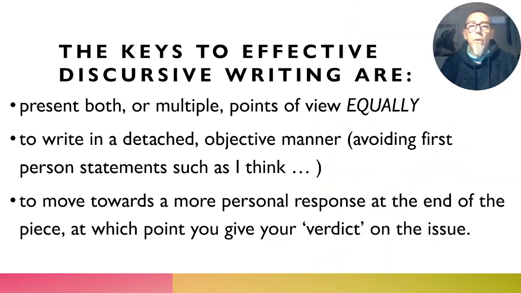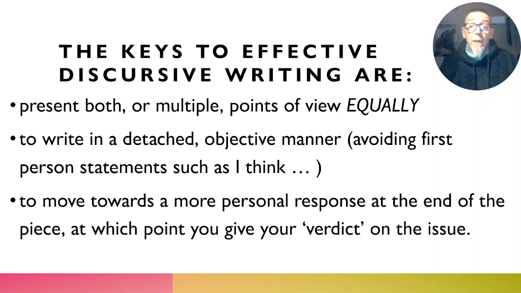The key to writing effective discursive writing is that you need to present both ideas equally. You're not one side or the other side. This is the big mistake between argumentative, where you're going to be a little bit more persuasive to the one side, and discursive, which is very, very neutral. You're going to write in a very detached, objective way.